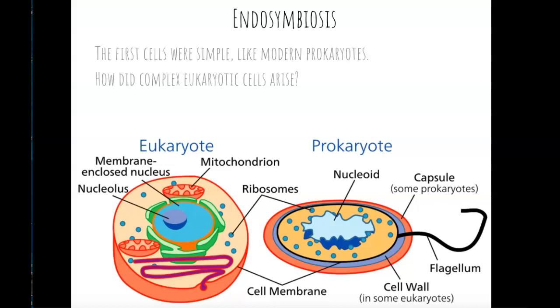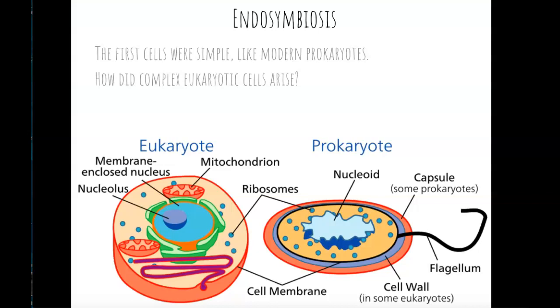It has ribosomes, which eukaryotes also have. Prokaryotes have cell membranes, which eukaryotes have. Prokaryotes have a cell wall and a capsule, which eukaryotes don't have. And prokaryotes can have a flagellum, which eukaryotes do not have. Instead, eukaryotes have several other organelles that have arisen.